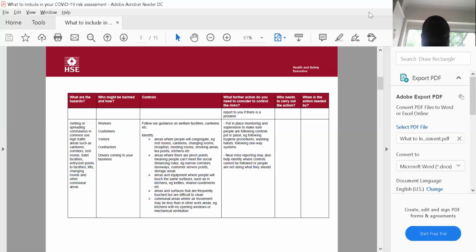I've got to say this document actually gives a long list and options of control measures as well. And many of these are costless measures. It's just, a lot of it is working around the issues to avoid that transmission. So communal areas where air movement might be less than normal.